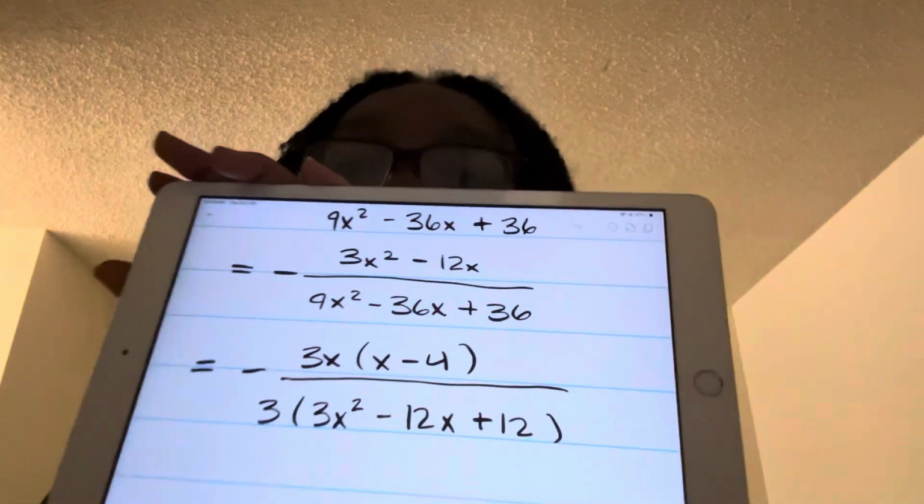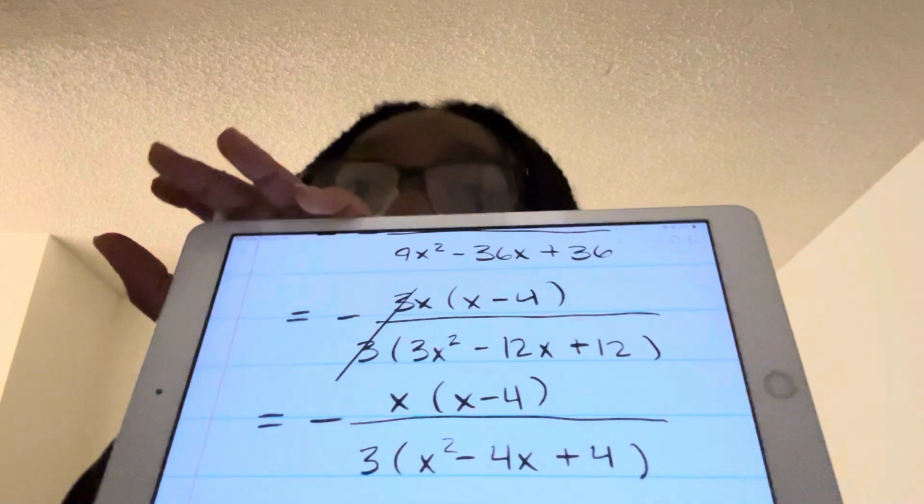So that's 3 times x squared minus 4x plus 4. Okay, so now we have a 3 on the top and the bottom, so we can cancel that out. And then I'm also going to factor the numerator further, because it can be factored further. So in the numerator, we're going to have x times x minus 4.